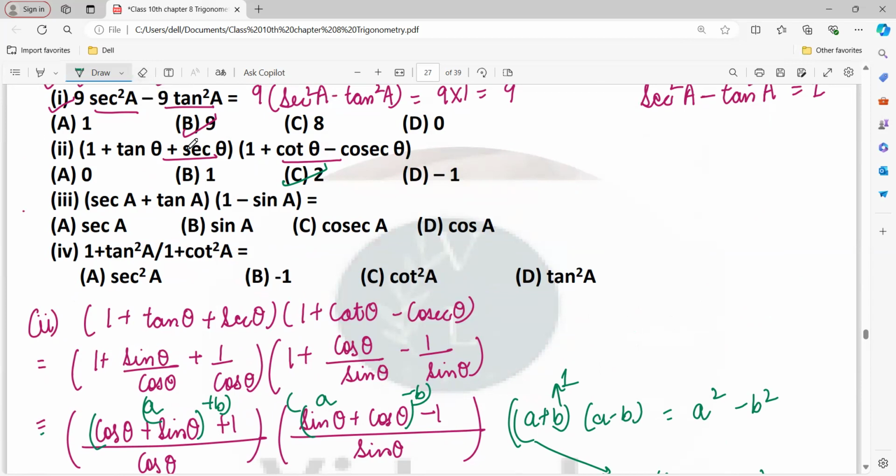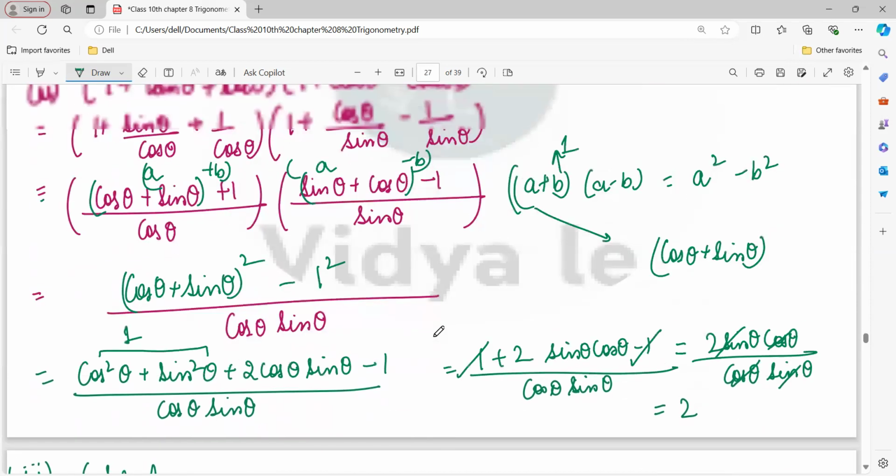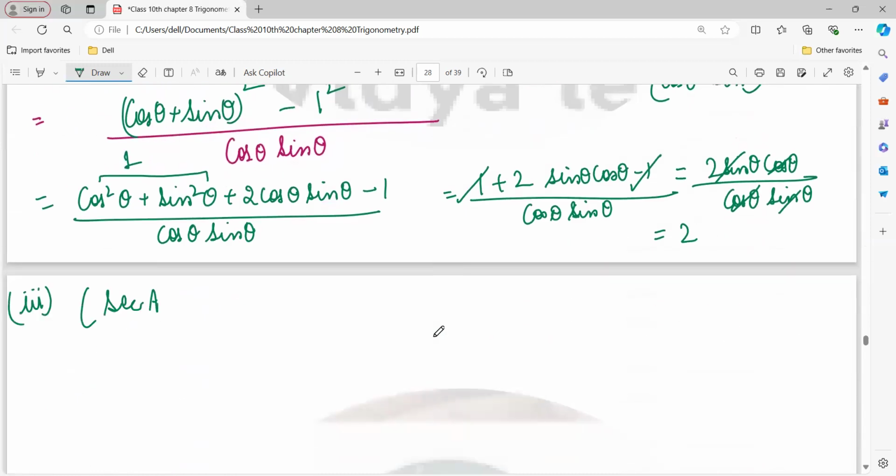Wonderful. Now for the third part, we have secant A plus tan A into 1 minus sine A. So let's solve it.